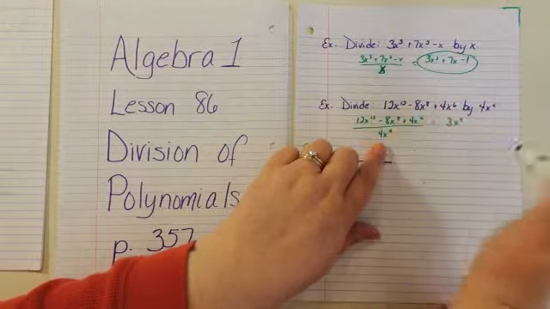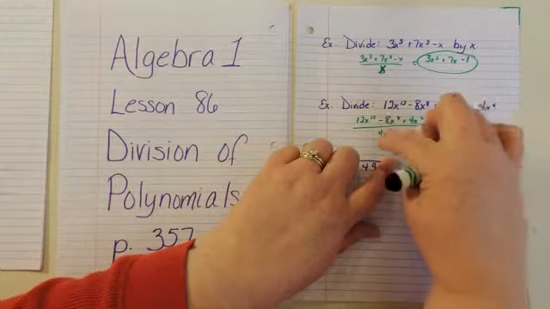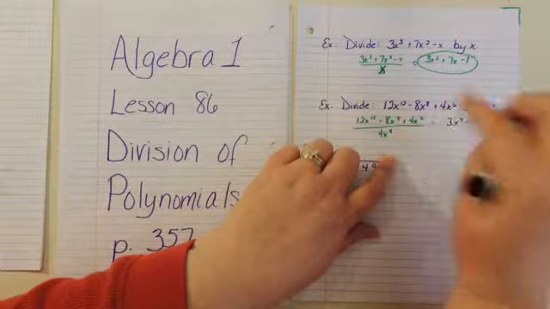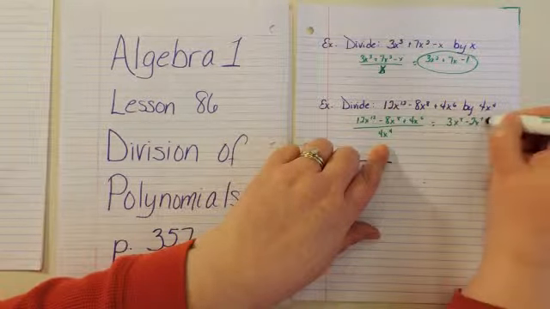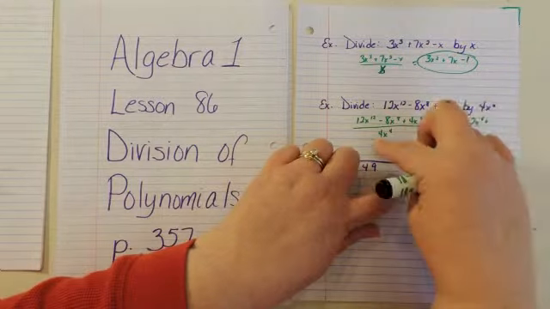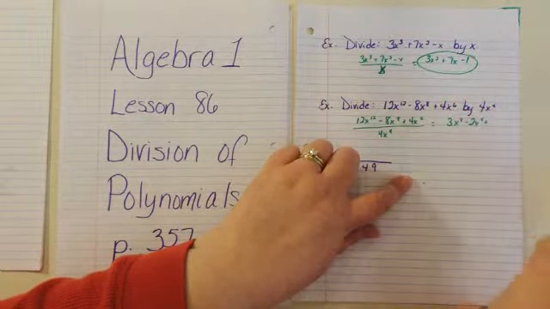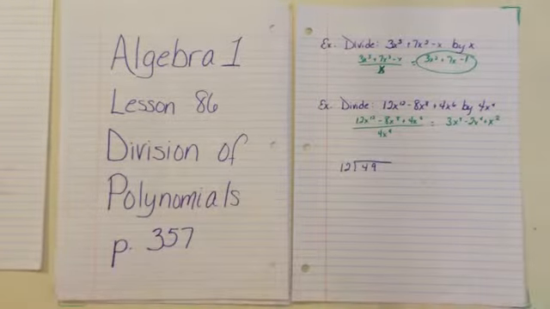Remember, when we divide, we just subtract the exponents. 8 divided by 4 is 2, and x to the 8th divided by x to the 4th is x to the 4th, plus 4 divided by 4 is 1, and x to the 6th divided by x to the 4th is x squared. So that's your answer.